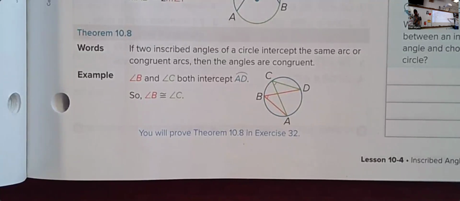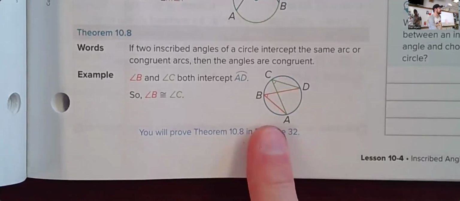Because this arc here would be twice the amount of degrees of this angle and twice the amount of degrees of that angle, which makes those angles the same. So that would be that theorem. We're calling that one 10.8. Any questions about that? Seems to make pretty good sense.